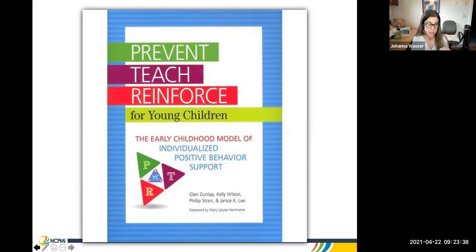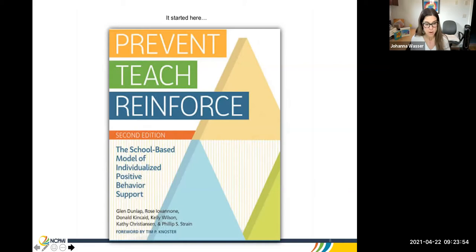In addition, we also saw a social skill trend increase too in those kids that we studied that were part of the PTR-YC intervention group. So it was a very exciting project and very successful in reporting out our outcomes.